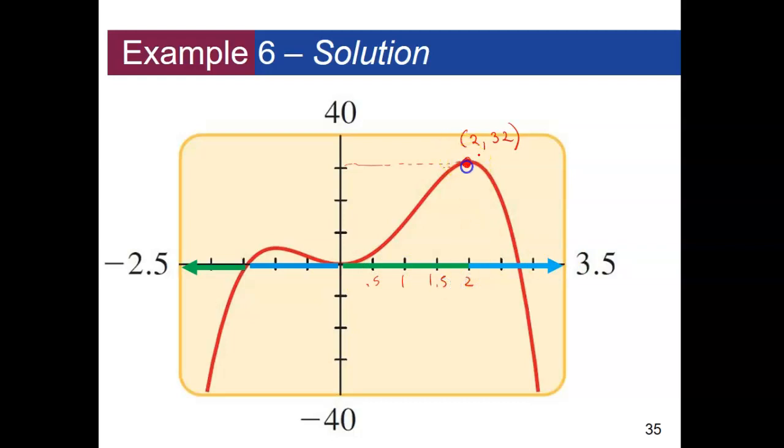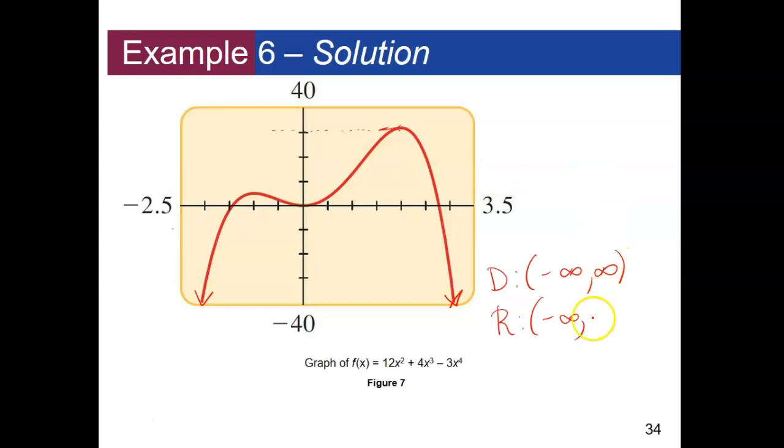If you were to calculate the maximum, you would see that the maximum is at the point (2, 32). So when you go across here, that tells me that it goes up as high as 32. So my range is going to be up to 32 and ending there. Sometimes you have to do a little investigative work on the calculator to determine how high or low it actually goes.